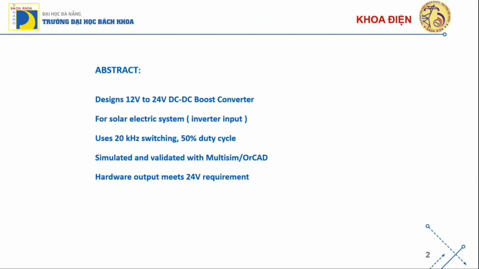Abstract. Our project designed a 12 volt to 24 volt DC to DC boost converter for solar inverters using 20 kilohertz switching and 50 percent duty cycle, simulated and validated with Multisim and OrCAD.